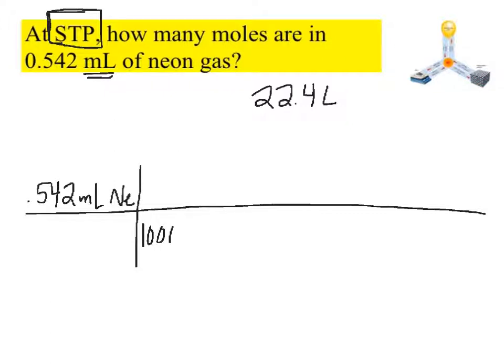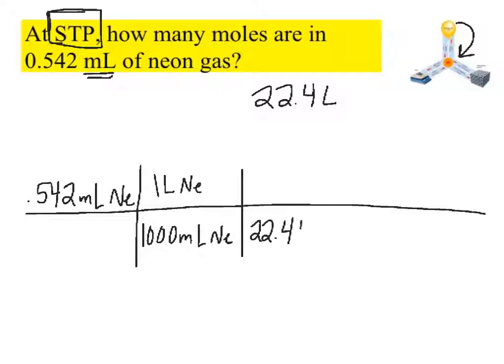There are 1,000 milliliters of neon for every 1 liter of neon. So that conversion factor will always be the same. 1,000 milliliters in 1 liter. I threw neon on there just to be specific. So now I'm in liters of neon, and I'm trying to go to moles. So liters to moles, I'm going to follow that path. 22.4 is going to go on the bottom so my units can cancel. 22.4 liters of neon for every 1 mole of neon.